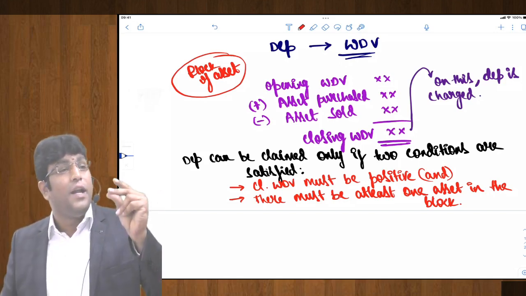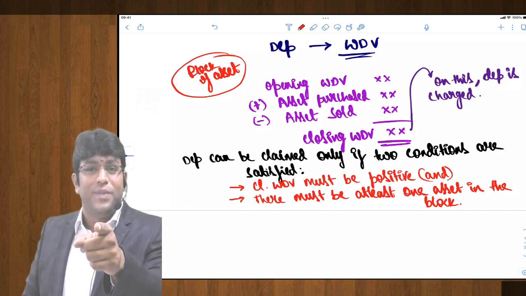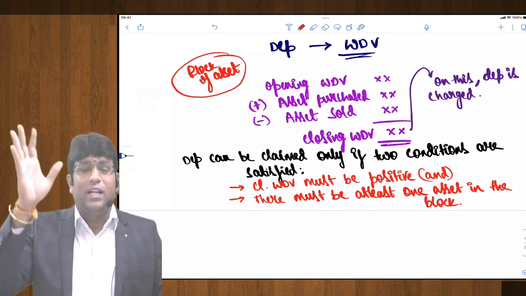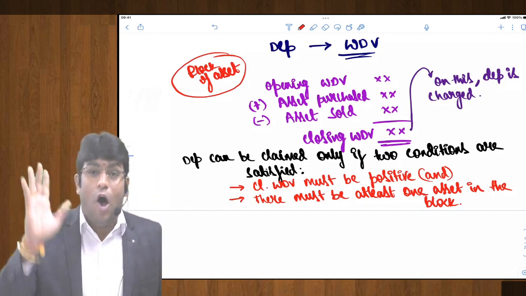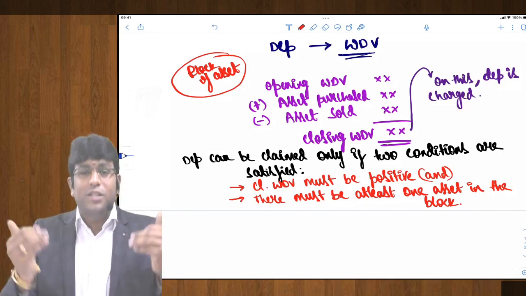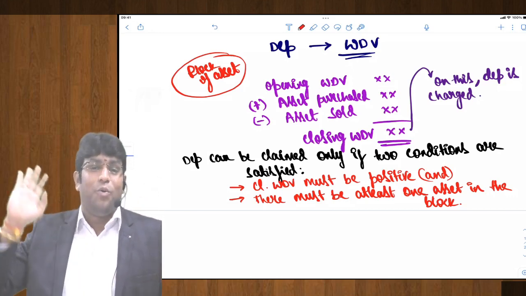Number one, closing WDV must be positive. Number two, there must be at least one asset in the block. If any condition is not satisfied, or both are not satisfied, then depreciation is not allowed.